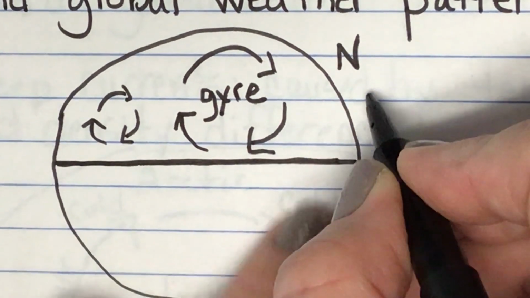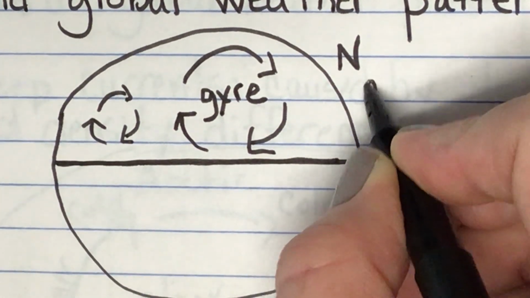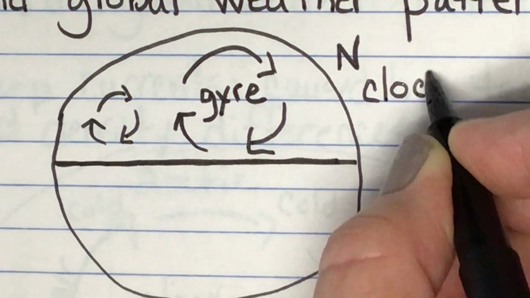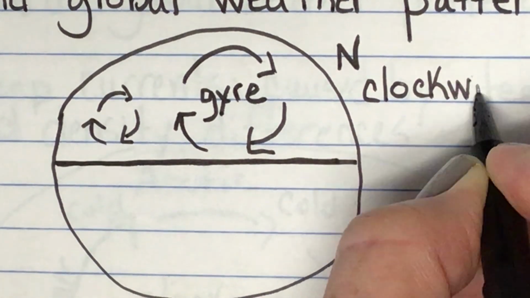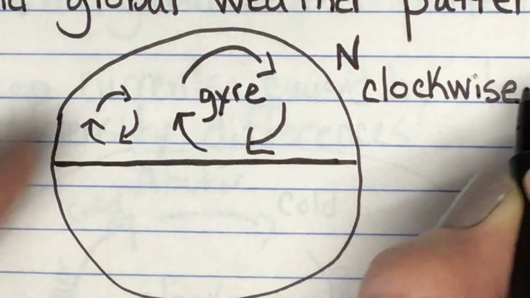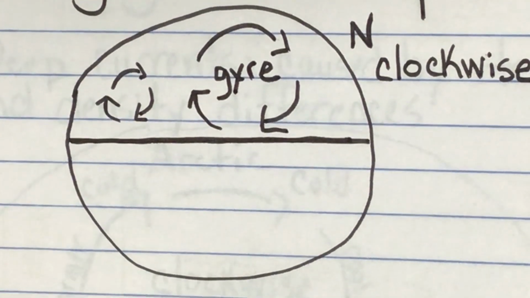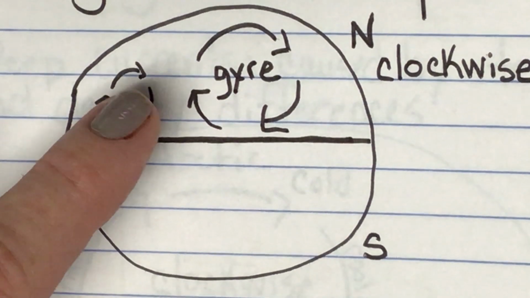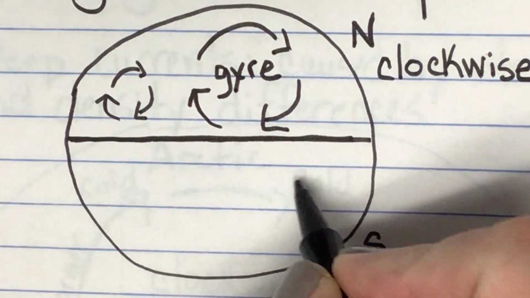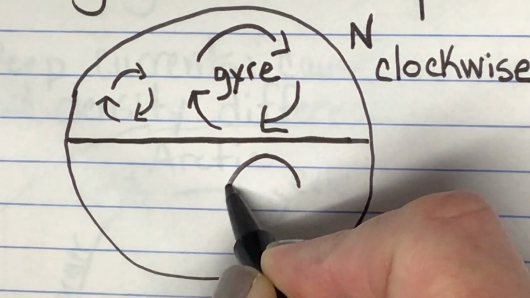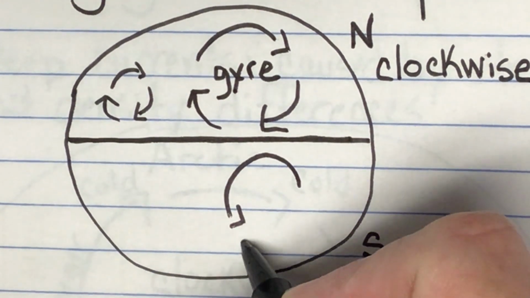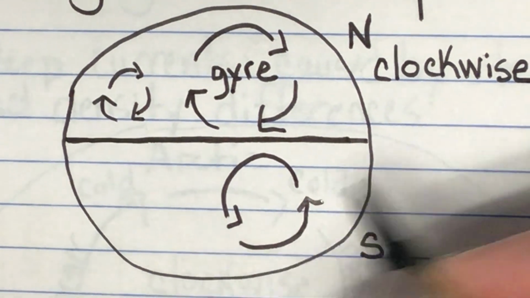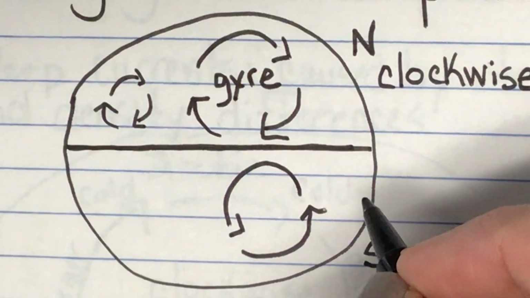So in the northern hemisphere, these gyres spin clockwise. Whatever's going on in the northern hemisphere, the opposite happens in the southern. So they will too have gyres, but we're going to draw them going in the other direction, which is counterclockwise.